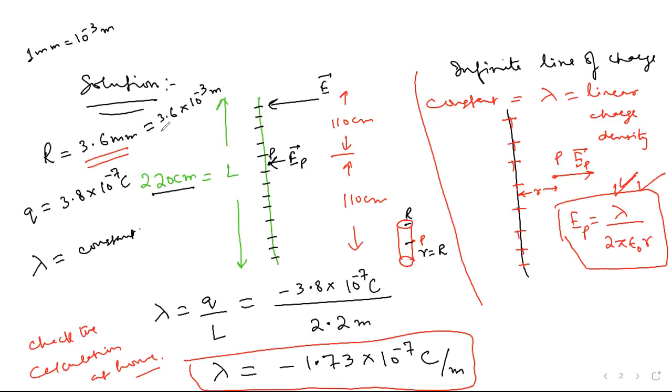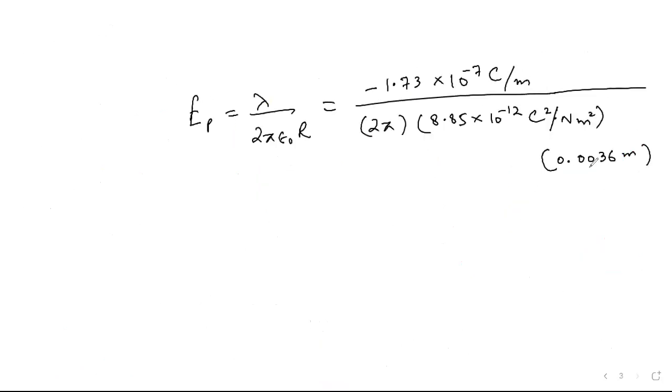That means it is 0.0036 meter. So we have substituted for it 0.0036 meter. Epsilon naught is 8.85 into 10 raised to the power minus 12 coulomb square per Newton meter square.